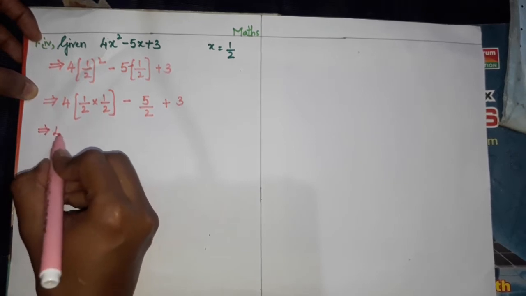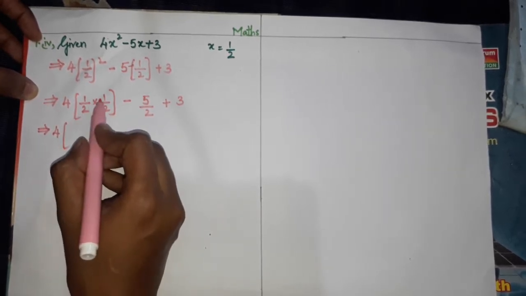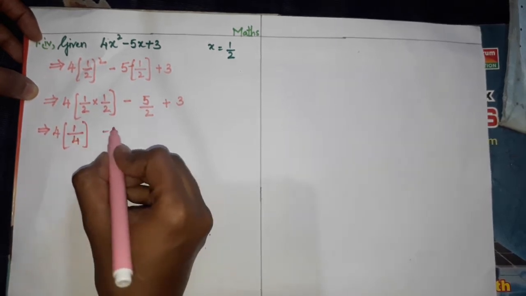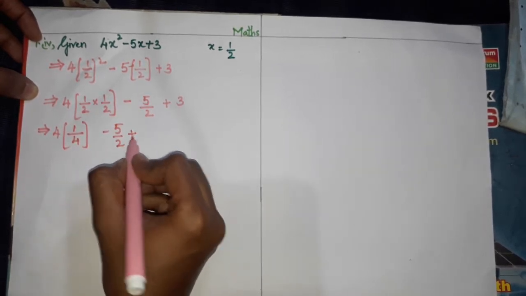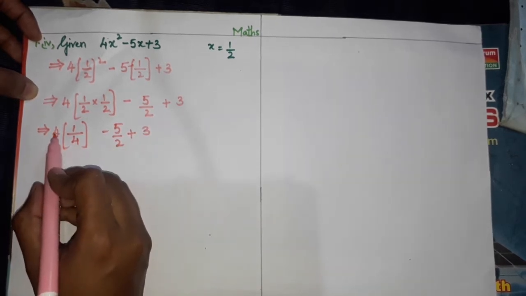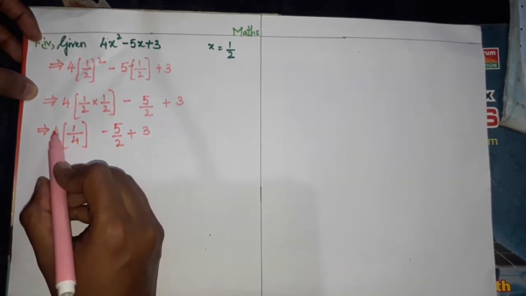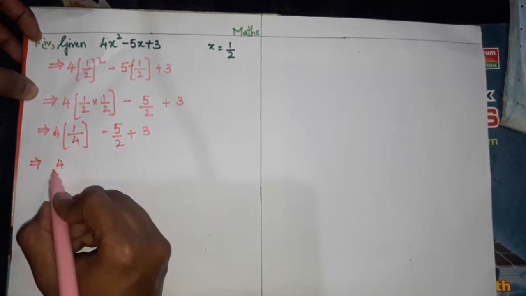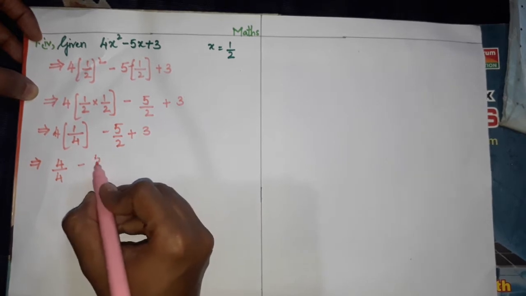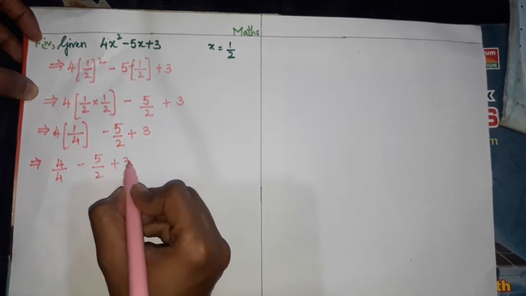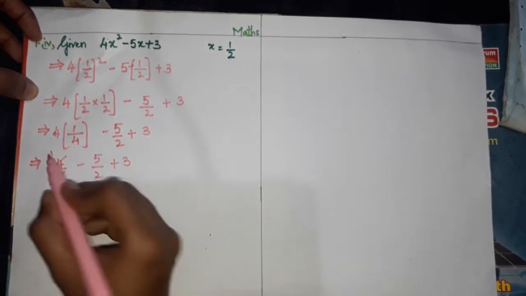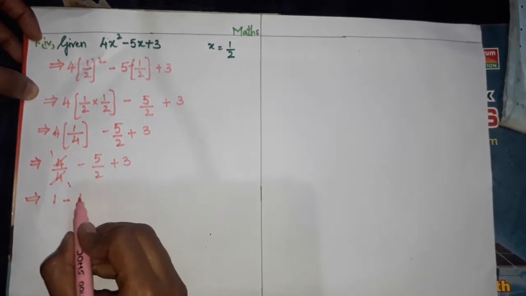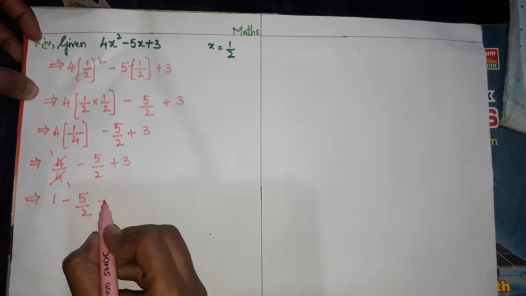Now 4 (1 1 is 1, 2 2s are 4) minus 5 by 2 plus 3. Now we can cancel the 4s, because this 4 is in the numerator. 4 1s are 4, so 4 by 4 is 1. The answer is 1 minus 5 by 2 plus 3.